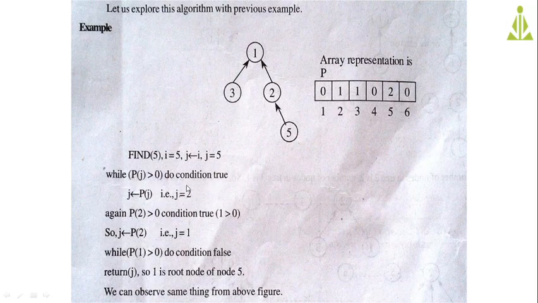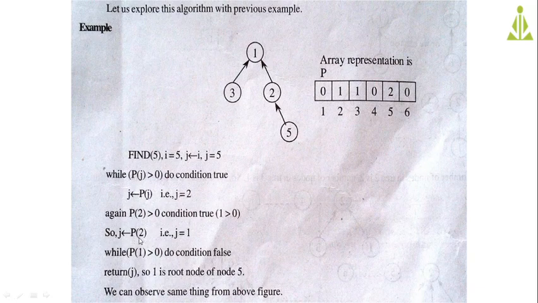The condition is true and we got the value present in the array. Next, again we repeat as per the algorithm. Again p of 2 is greater than 0? Yes, it has the value 1, so the condition is true, 1 is greater than 0.